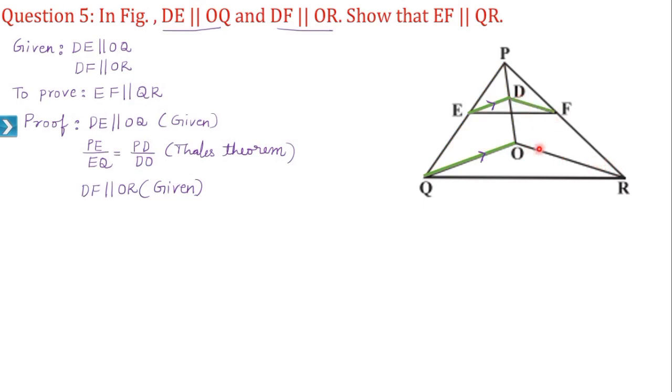DF is parallel to OR. Put the arrow mark to represent parallel lines. Now you have to write the ratio of the sides in triangle POR. You have to concentrate on the triangle POR.